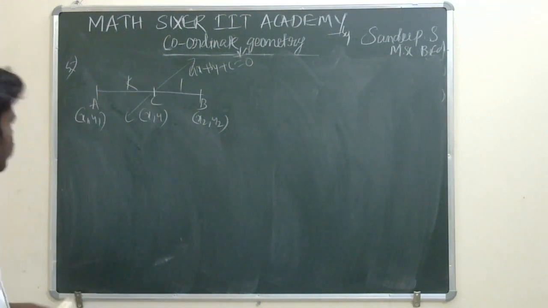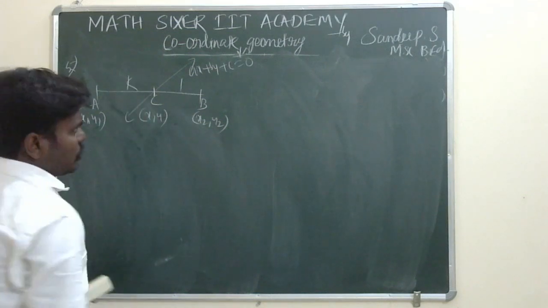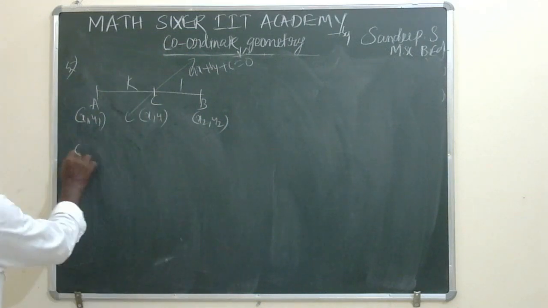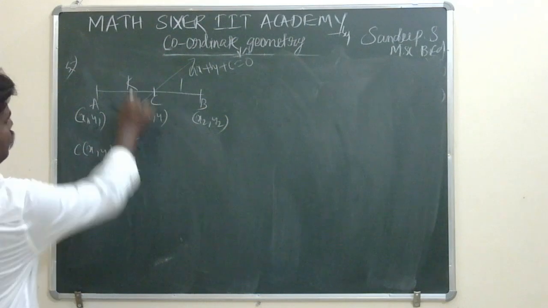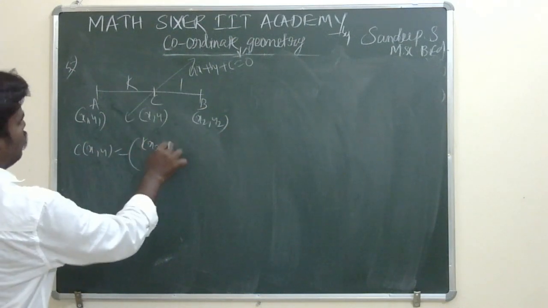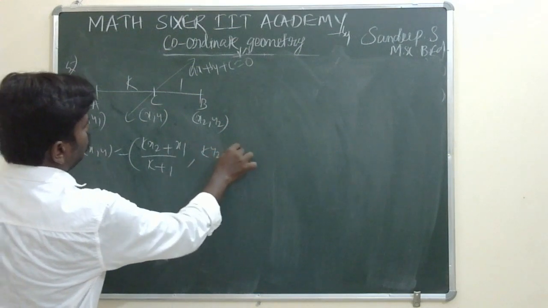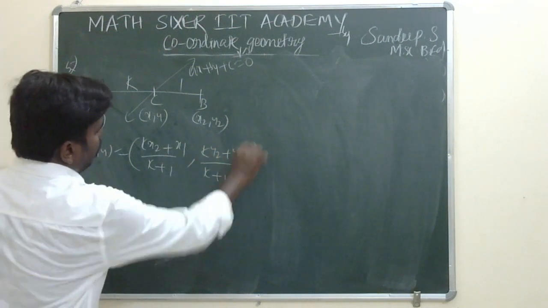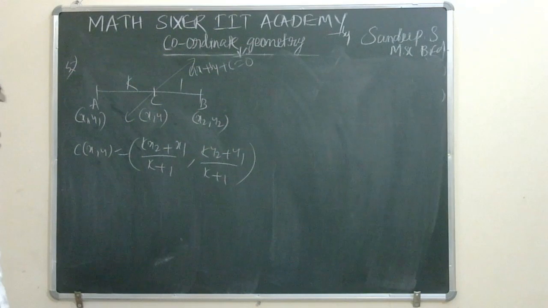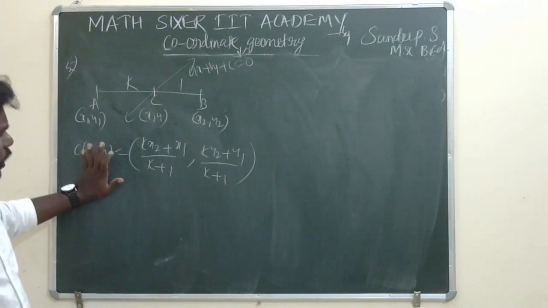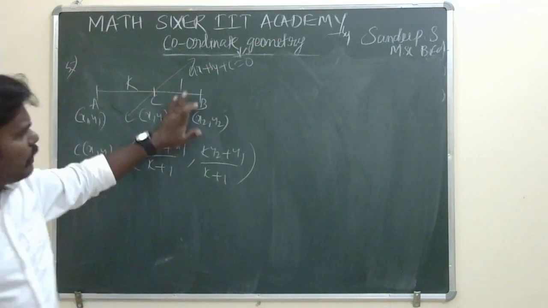Then according to the section formula, we will get C of x comma y is equal to (k x2 plus x1) by k plus 1 comma (k y2 plus y1) by k plus 1. Now this is the point which is common to both the line segment and the line.